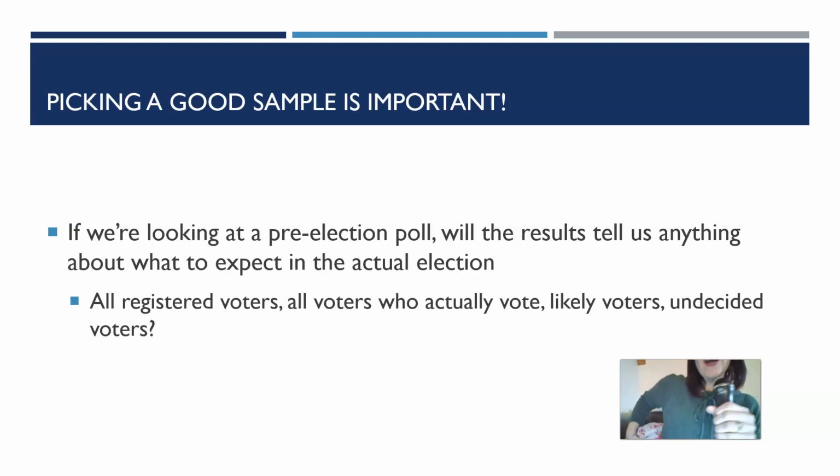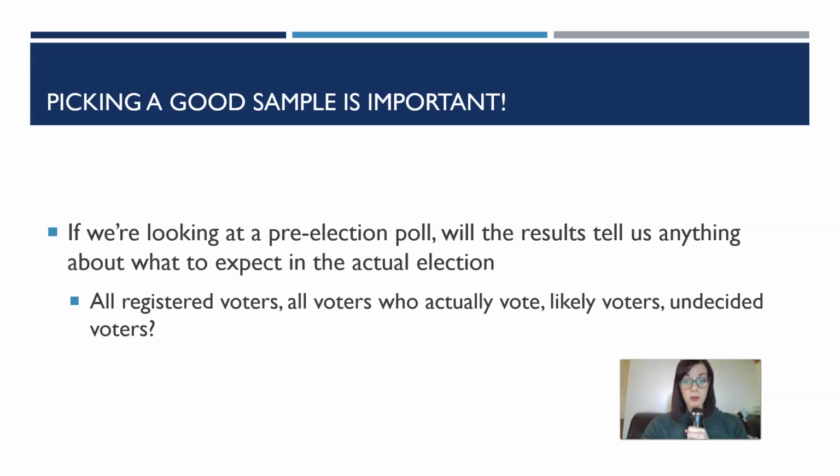I often find that when we look at these different types of pre-election polls, they are not necessarily all looking at the exact same sample, and they're certainly not necessarily looking at the same population. So are we looking at all registered voters, or are we looking at all voters who actually do vote?